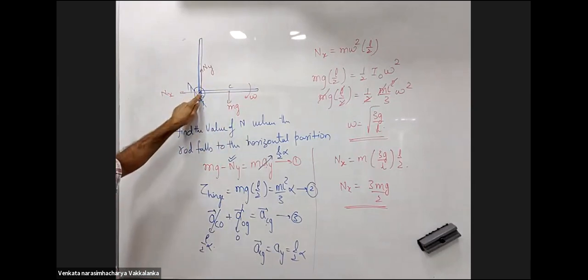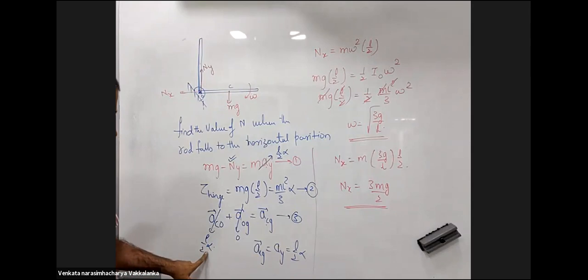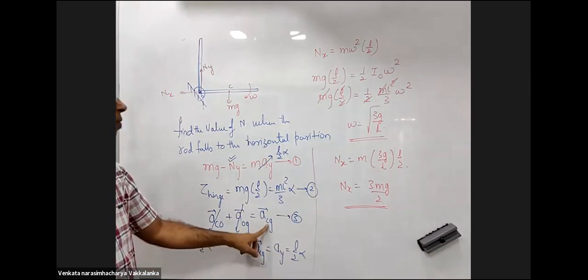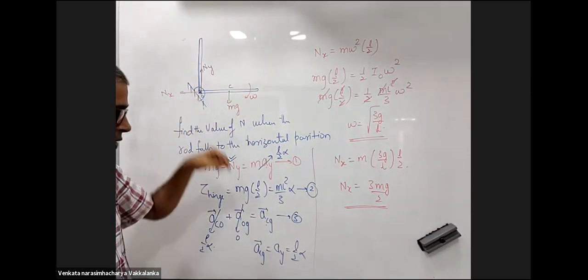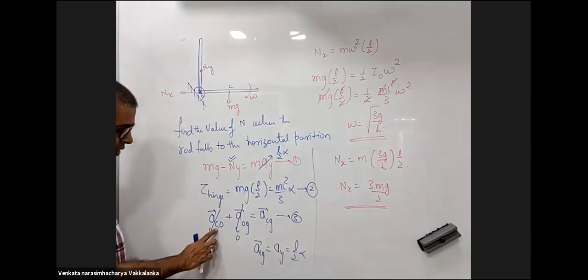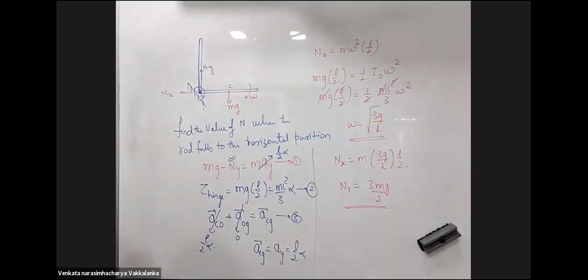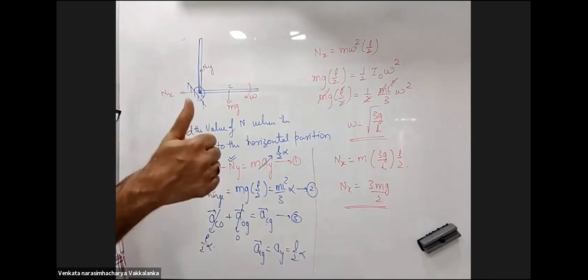Acceleration of center of mass with respect to O is R alpha plus acceleration of O with respect to ground is 0, which will give me acceleration of center of mass with respect to ground. Sir, Ny is coming out to be mg by 4.